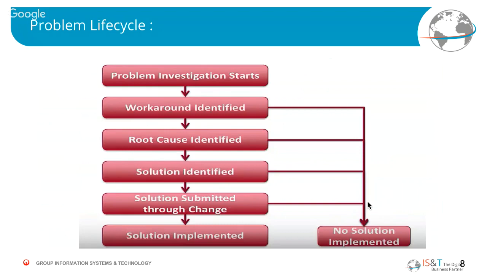So we have a no solution implemented scenario. In that case, we document the workaround in the problem ticket and we mark it as a known error. It will be listed in the known error list in the problem application, and people go there to find the workaround.